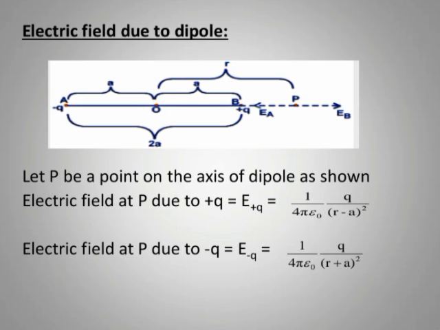At that point let us find out the electric field due to a dipole. And then let us continue with the other concepts of this chapter. And finally I would do the numerical problems also. It is very easy. Once you understand the concept, it will be a cakewalk for you. And I hope I have cleared all your doubts.